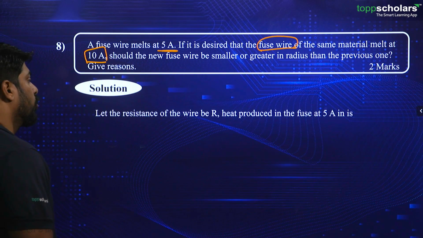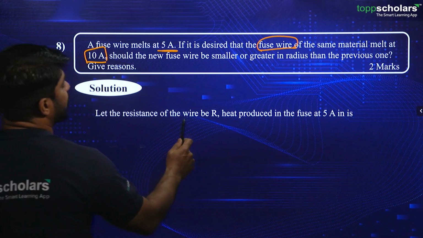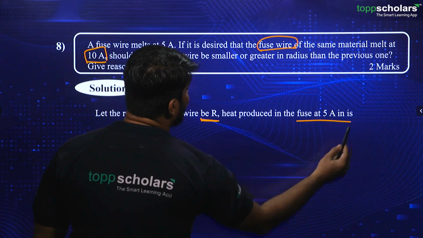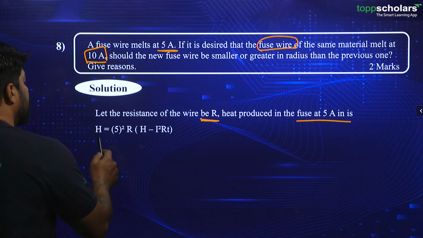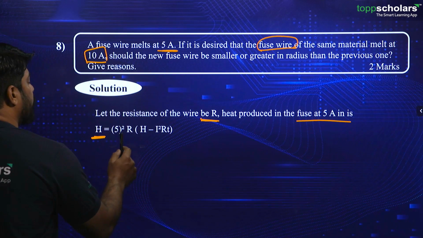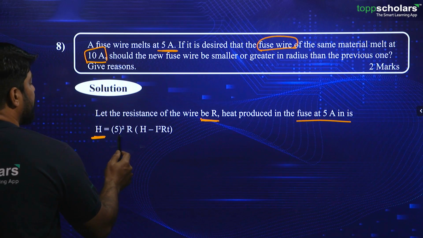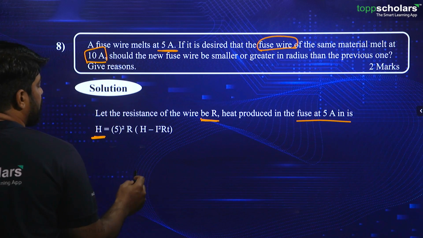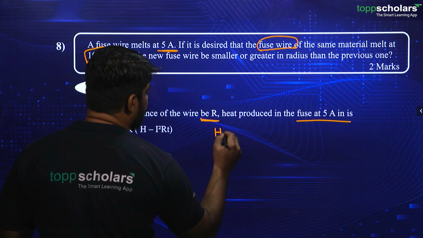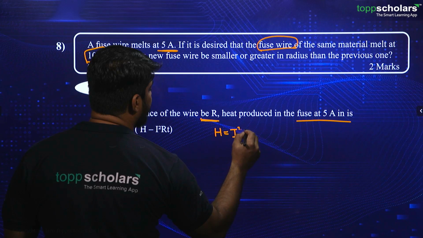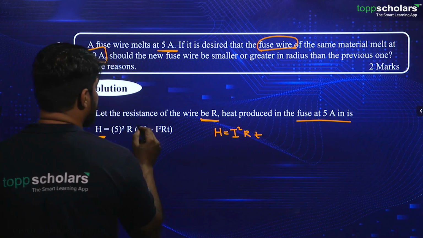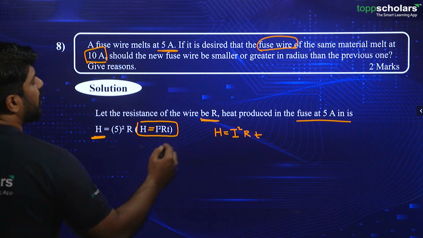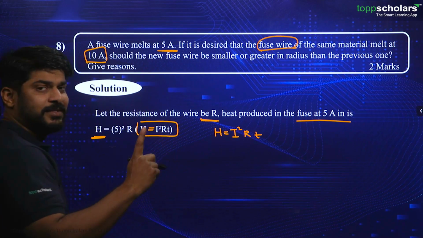So let's look at the situation. Let the resistance of the wire be R. Heat produced in the fuse at 5 ampere, the formula is I square R, right? The actual formula is H is equal to I square R T. Let's consider T equal to 1 second for simplicity.